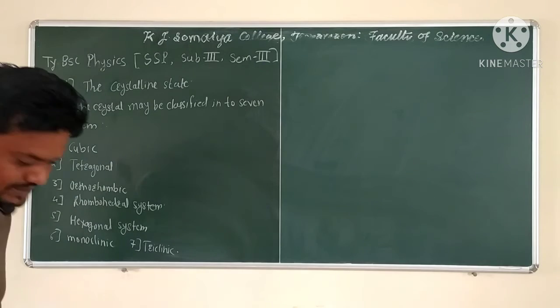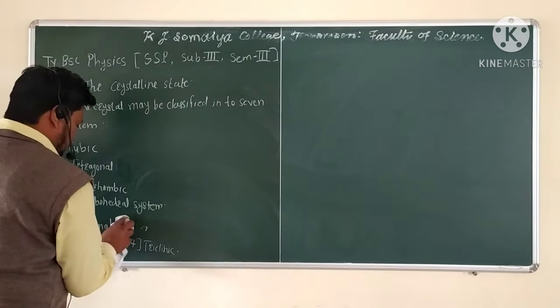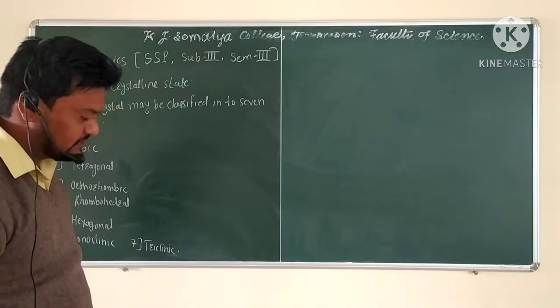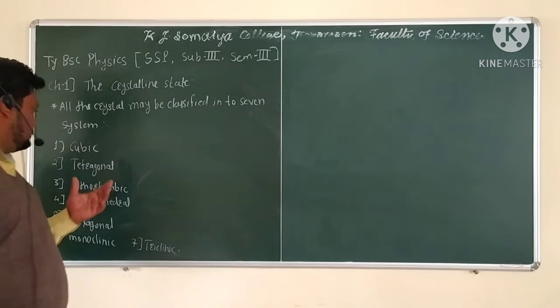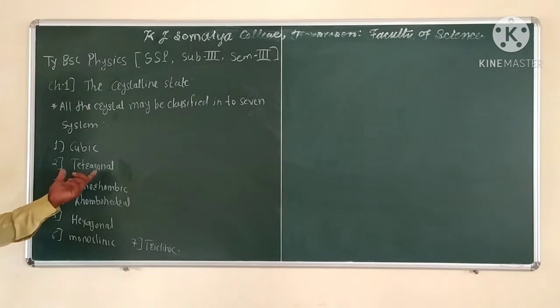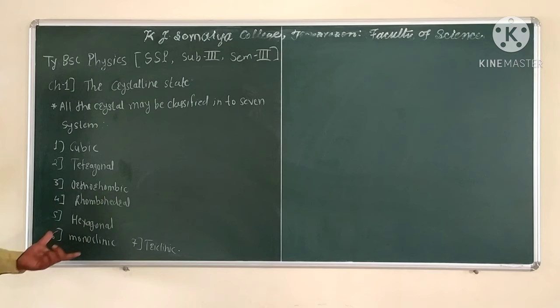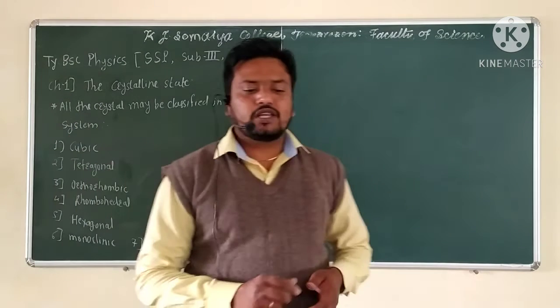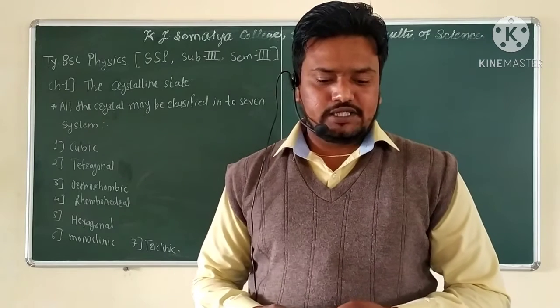So these are the seven different systems considered in three-dimensional space lattices: cubic, tetragonal, orthorhombic, rhombohedral, hexagonal, monoclinic, and triclinic.